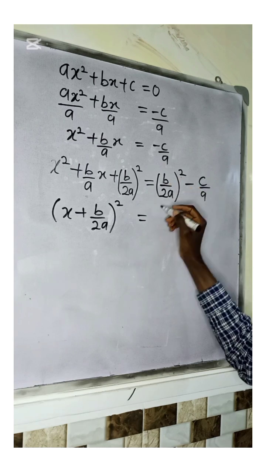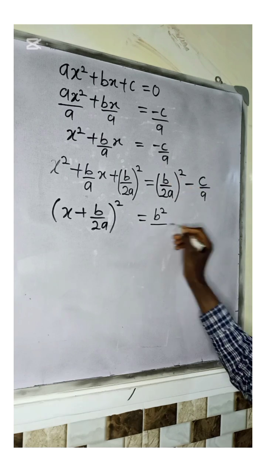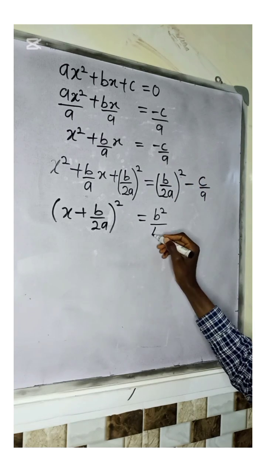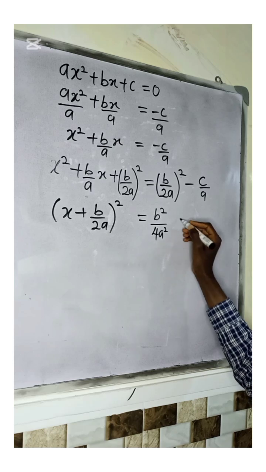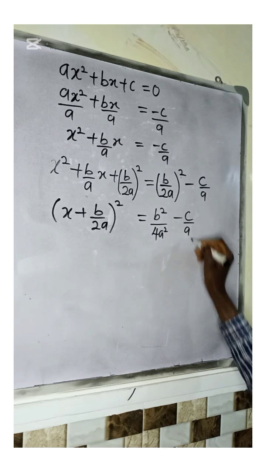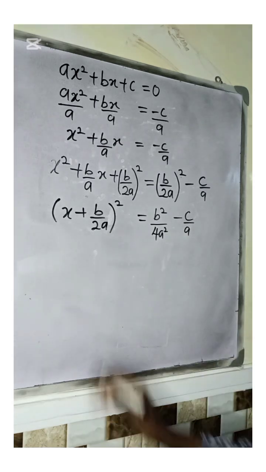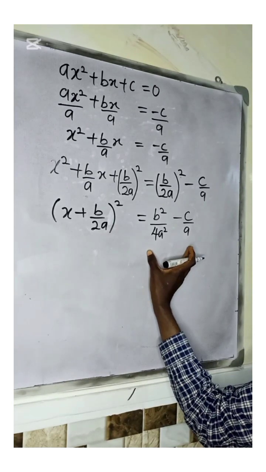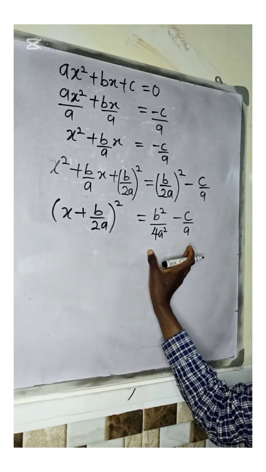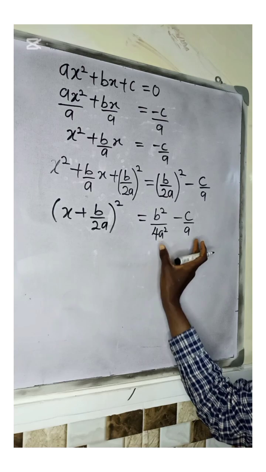So the square of b over 2a is b squared all over 4a squared, minus c over a. We'll leave this the way it is and try to simplify this such that we get a single fraction from these two fractions.